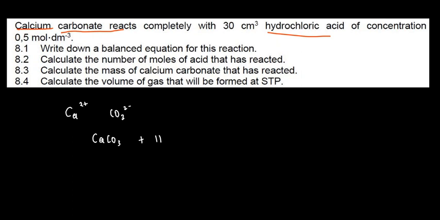Now it reacts completely with hydrochloric acid. Let's remember that HCl is the hydrochloric acid. And now what is formed there? We are going to form a salt and water.